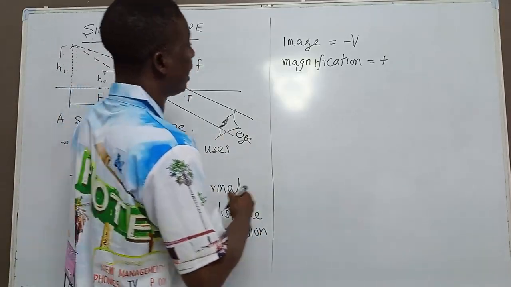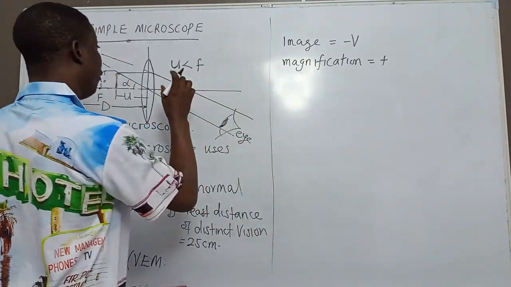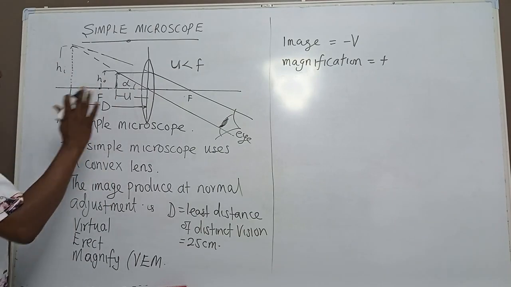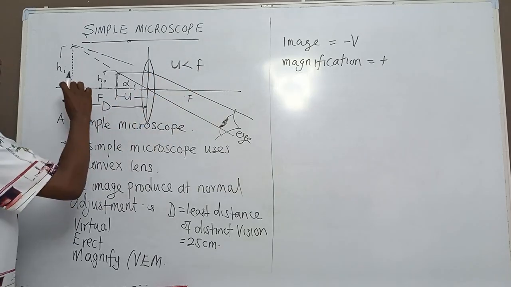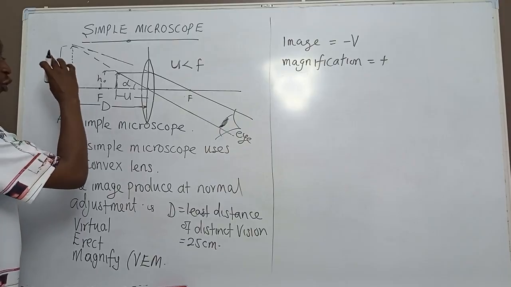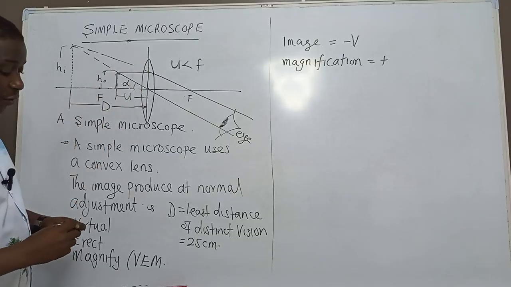Very important. If the image of the object is erect, the magnification is plus, and for a virtual image, we have a minus sign.